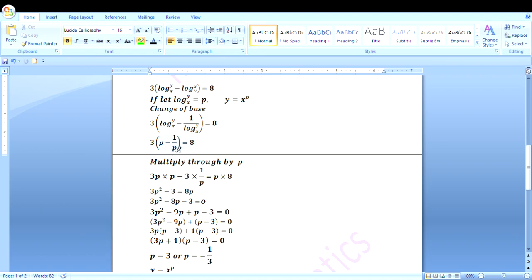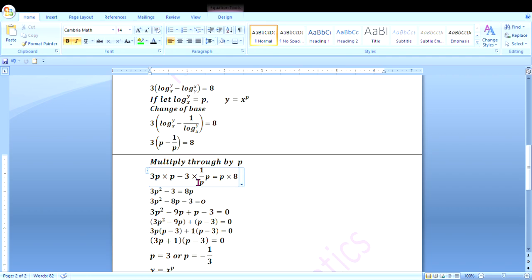Now, this is a fraction already. To clear this fraction, we'll multiply through by p. So this becomes 3p times p, and here this becomes minus 3 times 1 over p times p, equals 8 times p.